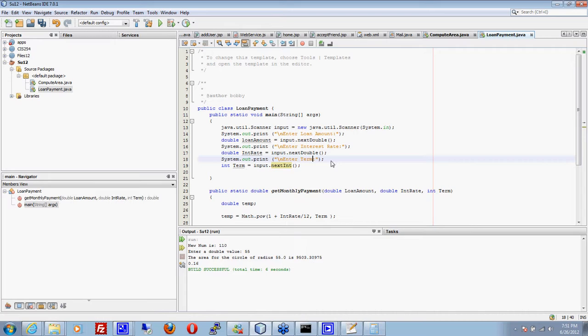Get all these values and double payment to get the loan amount.